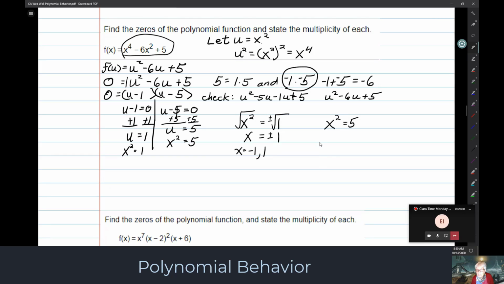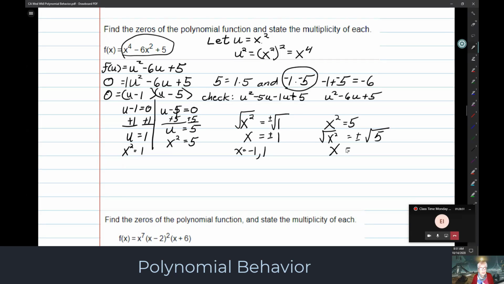I take the square root of both sides. The square root of x squared equals plus or minus the square root of 5. So x equals... the square root of 5 is a run-on decimal.